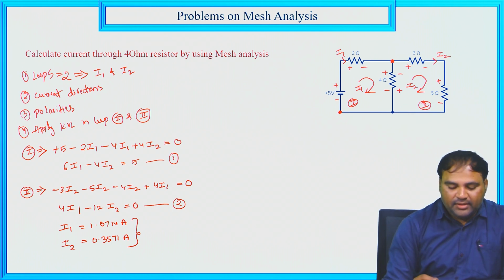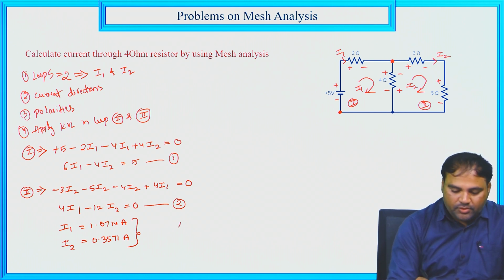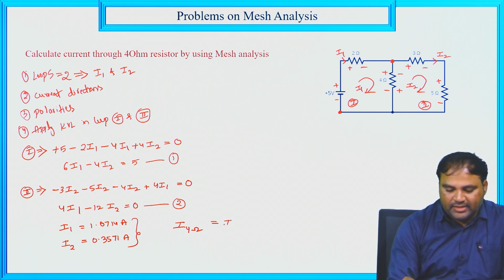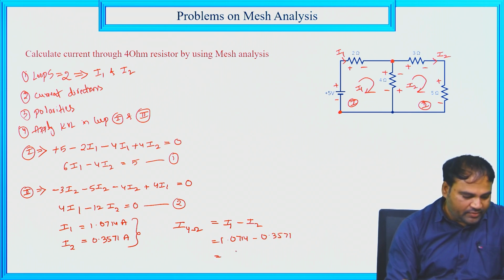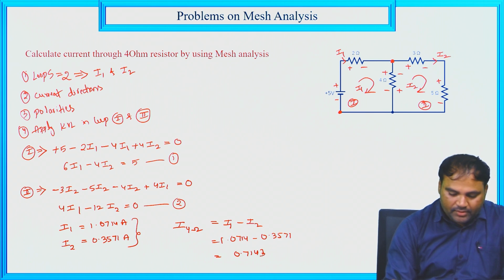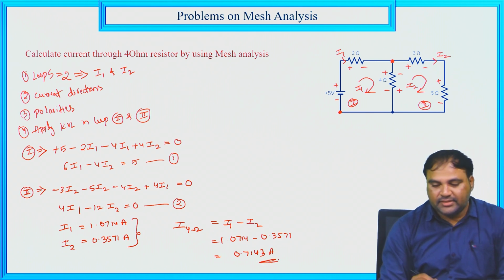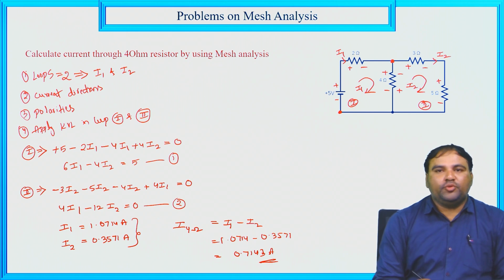So the current through 4 ohm should be equal to I1 minus I2, that is 1.0714 minus 0.3571. By solving this, we get 0.7143 amperes. Here is the current through the 4 ohm resistor.